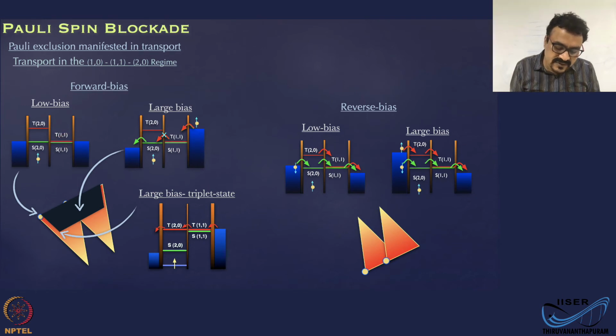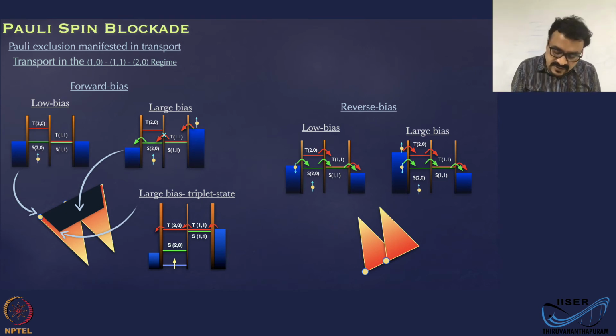If it goes with a spin up, then that electron cannot tunnel here because the spin up electron needs to go to this region. This is the state corresponding to the spin up, T20 triplet state. A second spin up electron here will make a triplet state with this existing electron, and that energy level is here, which is not accessible.